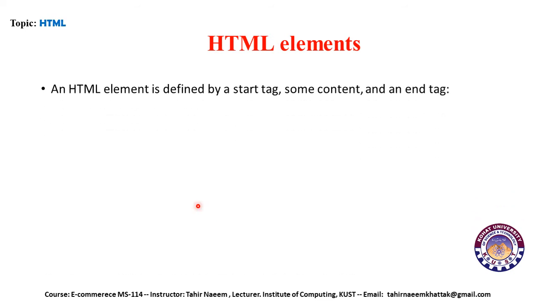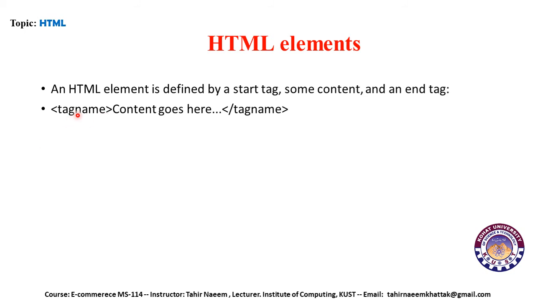HTML elements. In HTML, an element is defined by a start tag, some contents, and an end tag. So as I have discussed earlier, whenever you open a start tag, you can then write some contents, and then you can end the tag. How will you end it? You will put a slash before the tag name.